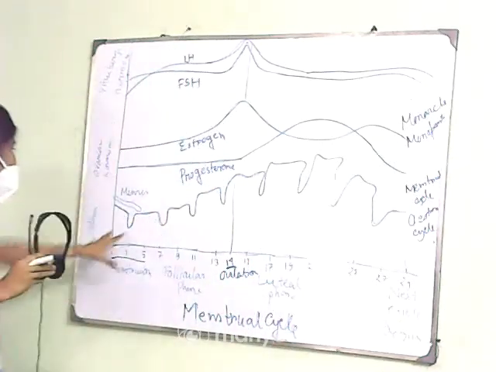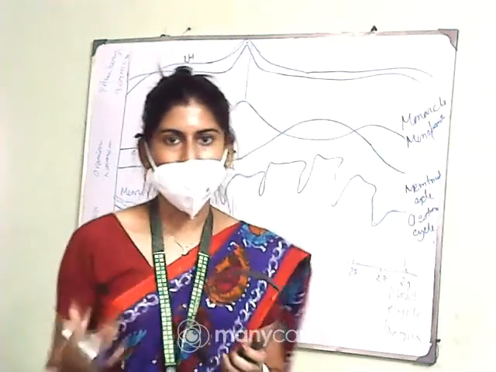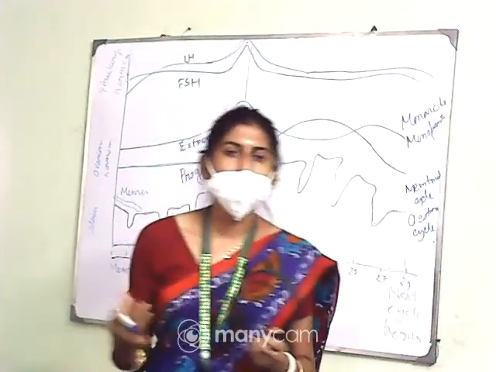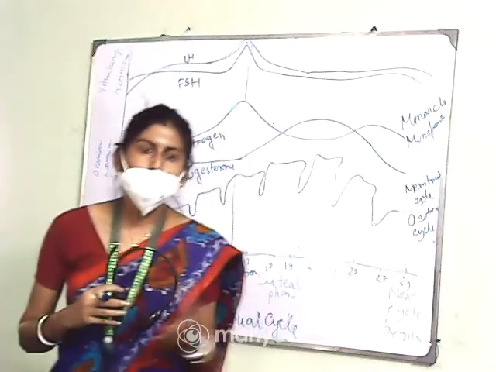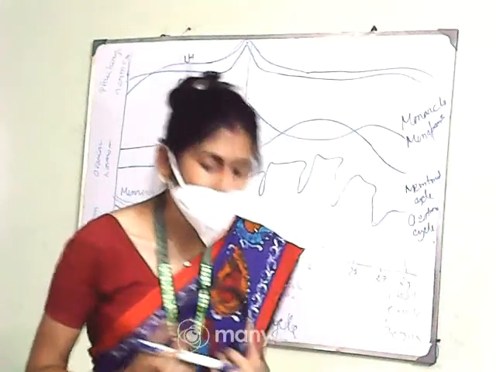So what will happen? The endometrium lining with the egg or ovum will be released, and as it is a vascular layer, blood vessels also rupture, so a fluid will be formed and released through the vagina, which is called menstruation.